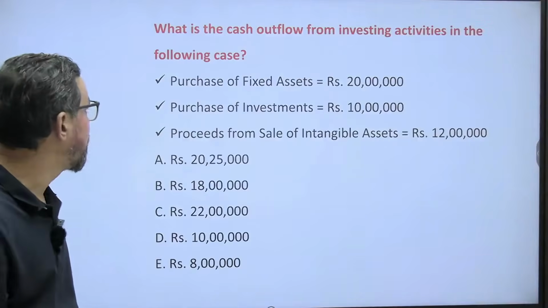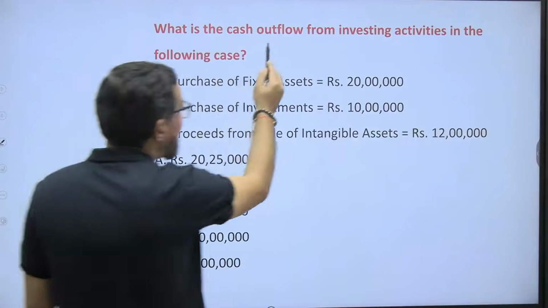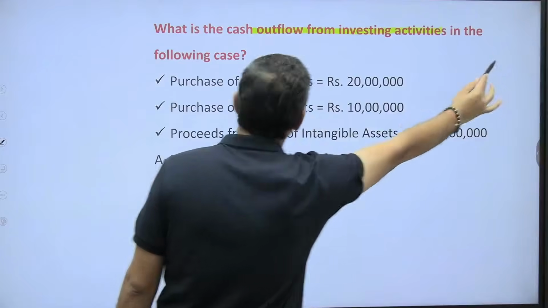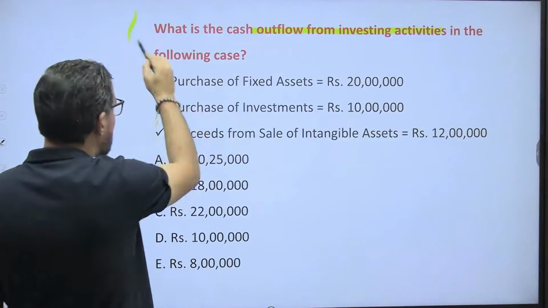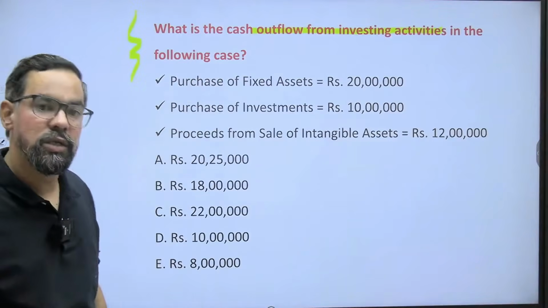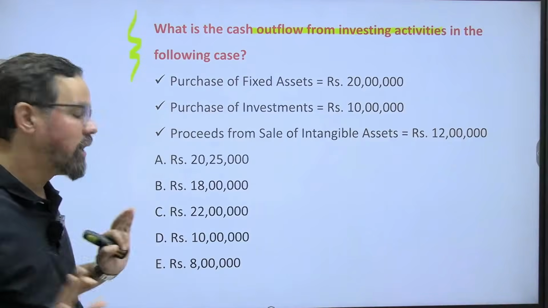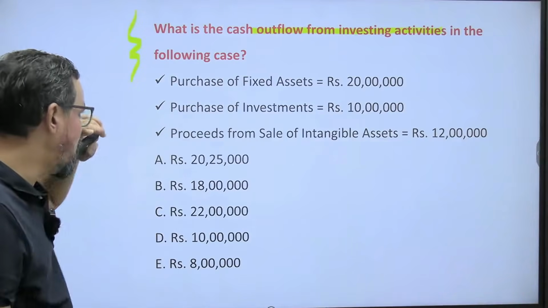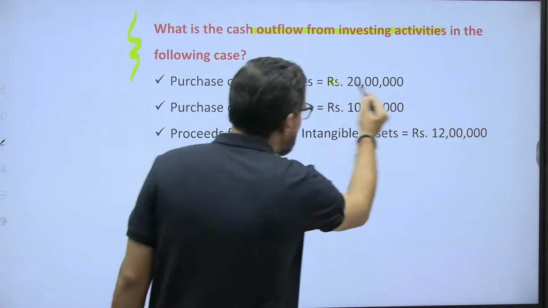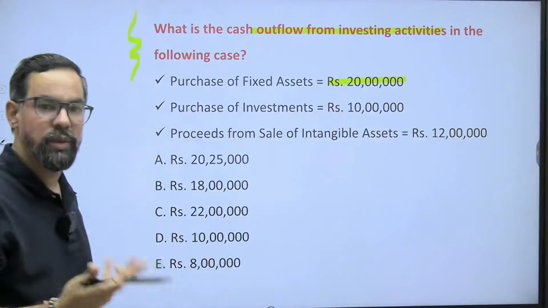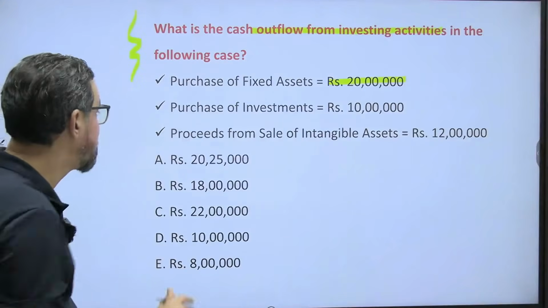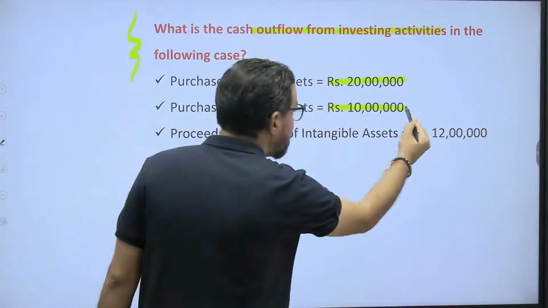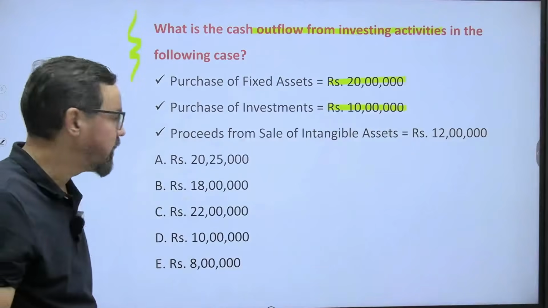Next one. What is the cash outflow from investing activities in the given situation? This question is very simple, again for 1 mark. Purchase of fixed assets, property, plant, equipment, is part of investing activities. Purchase of investment in other businesses is part of investing activities.